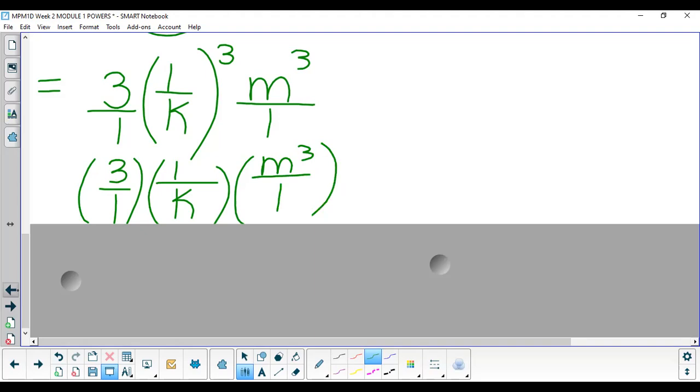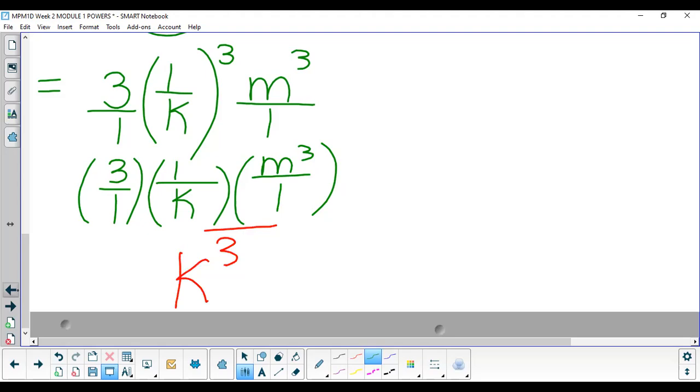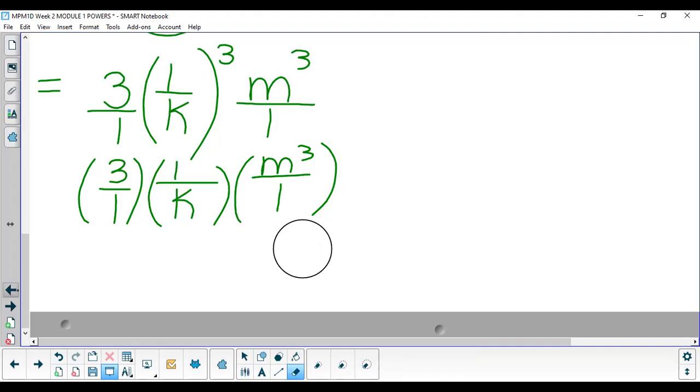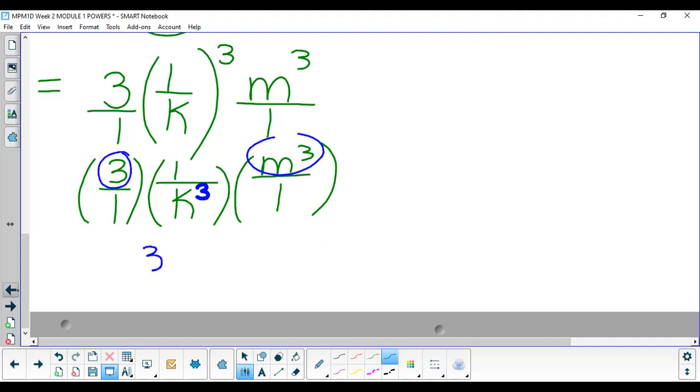So basically, I'm going to keep everything that is originally in my numerator in my numerator, and everything in the denominator in the denominator. Oops, I forgot k to the power of 3 right there. So I'm going to write my final answer. 3 and m cubed are in my numerator. And all that's left in my denominator is k to the power of positive 3.